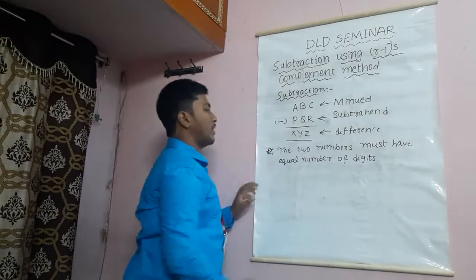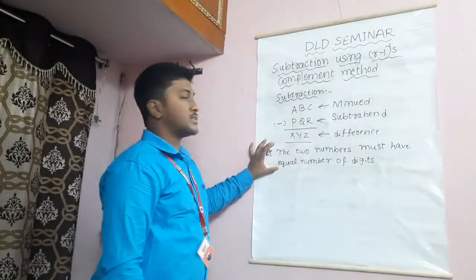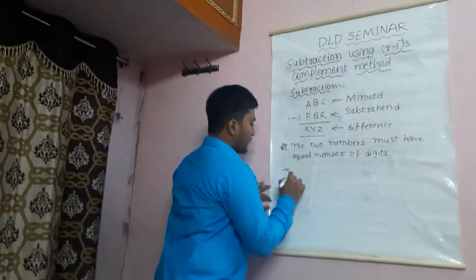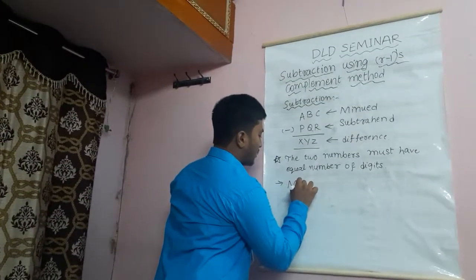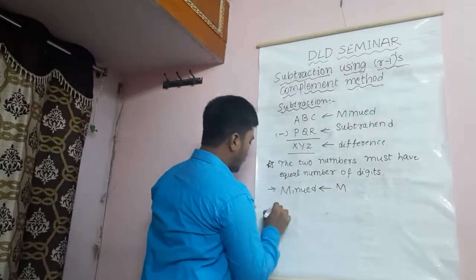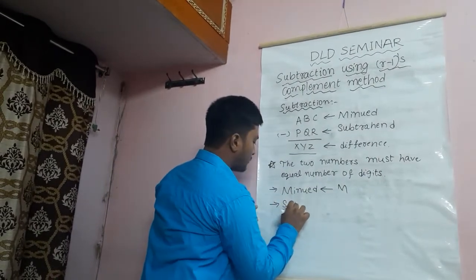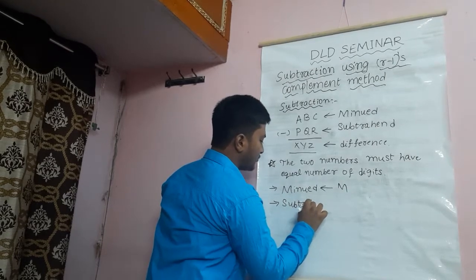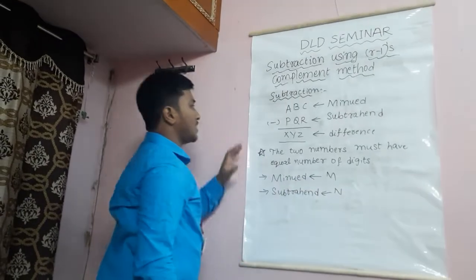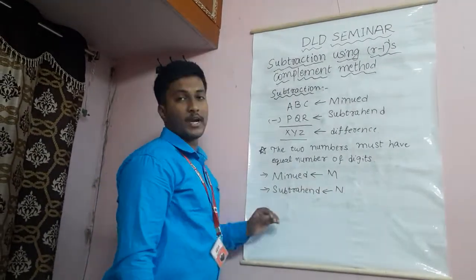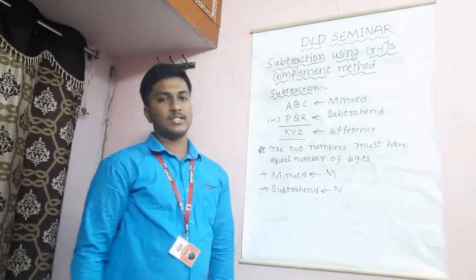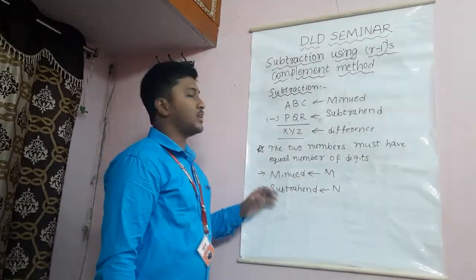So this is the basic point. We should make the digits equal and then go on with the further procedure. And in this, the first number minuend is termed as capital M, and the second number subtrahend is termed as capital N. So these are the basic terminology about subtraction, and subtraction using r-1's complement is a three-step procedure. Now I am going to explain them clearly.